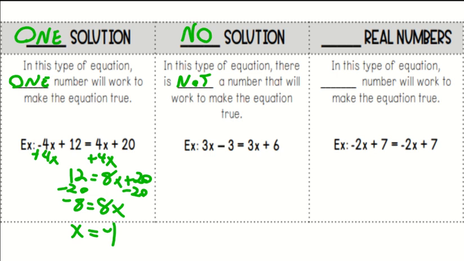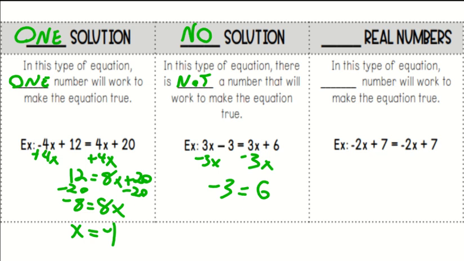If I solve this here, and I move the 3x, what we are left with is negative 3 equals 6. You could move the variable or the numbers, the constants to one side also, and then you'd have like 0 equals 9 or negative 9 equals 0. Either way, it still isn't a true statement. If you get something like that, that's no solution, okay?